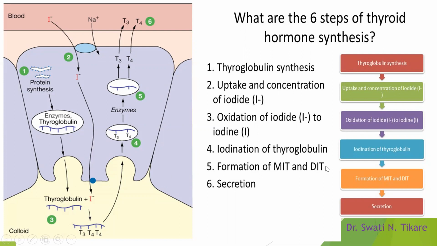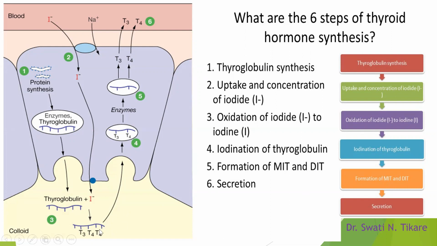Once MIT and DIT are formed, there will be a coupling reaction. MIT and DIT will combine, or two molecules of DIT will combine, and accordingly, if two molecules of DIT combine, it forms T4. If MIT and DIT combine, it forms T3.